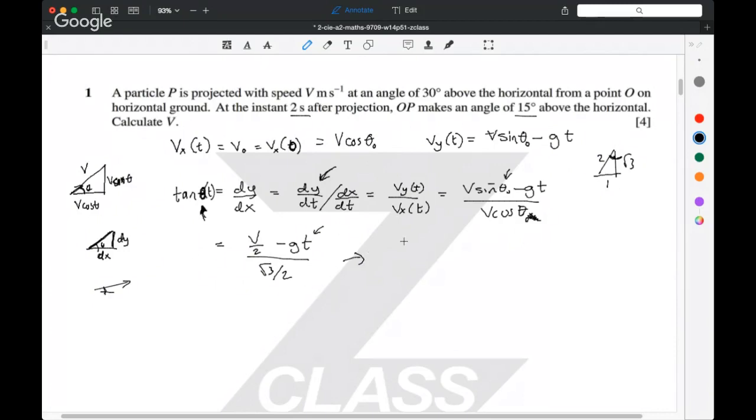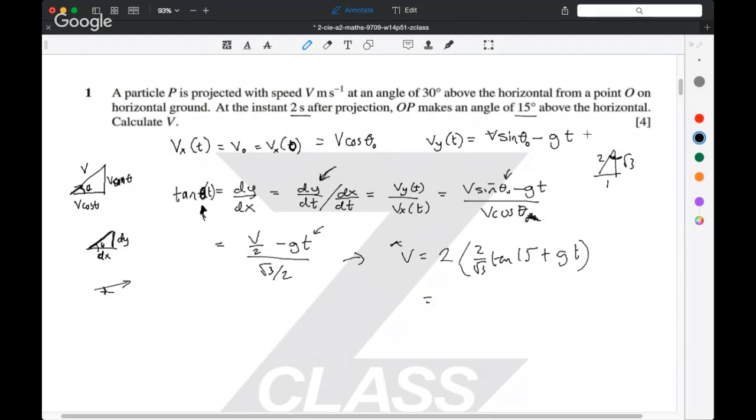And if you just plug all that in, you can solve for V, which is equal to 2 times 2 over square root 3 tan of 15 plus gt, I think. And this will give you the correct answer.